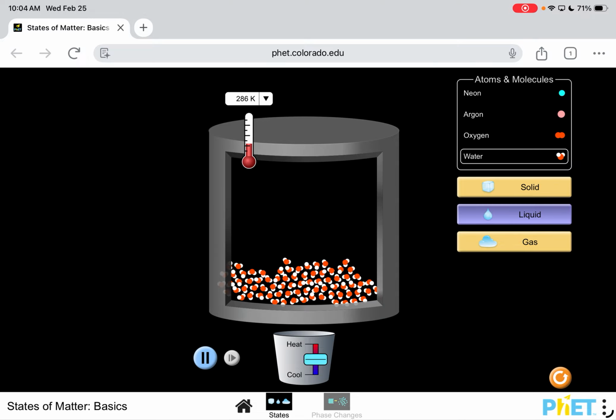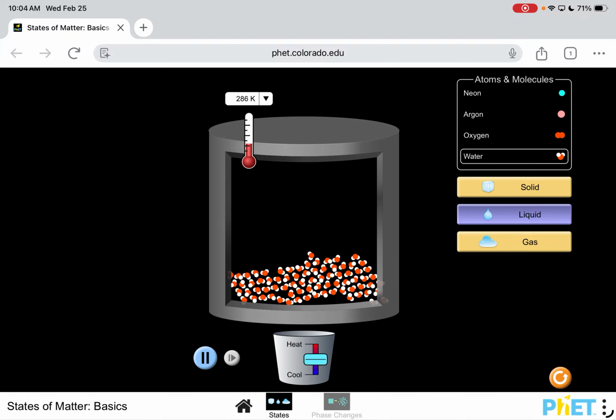When you go to a liquid, now things are much more free-flowing, which is apt for a liquid. They're much more able to move around, okay? With the increase in temperature that comes when you convert something from a solid to a liquid, you're increasing the molecular motion, and therefore the molecules themselves are able to move away from each other more.